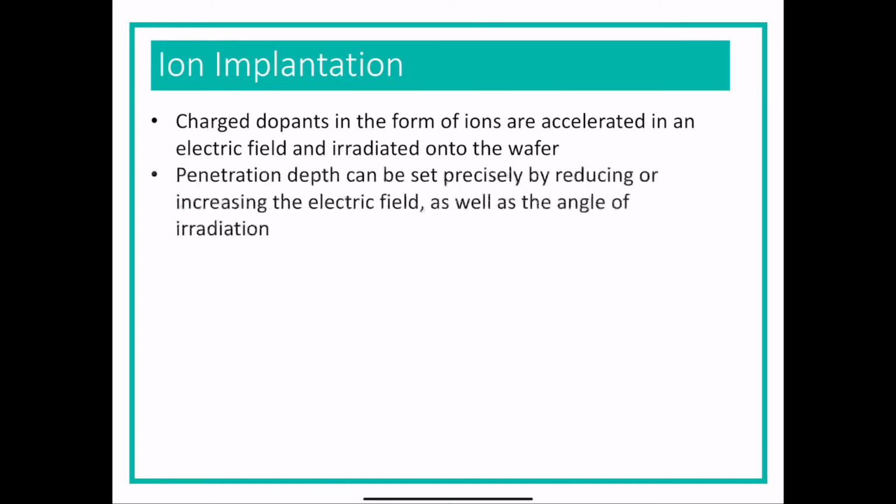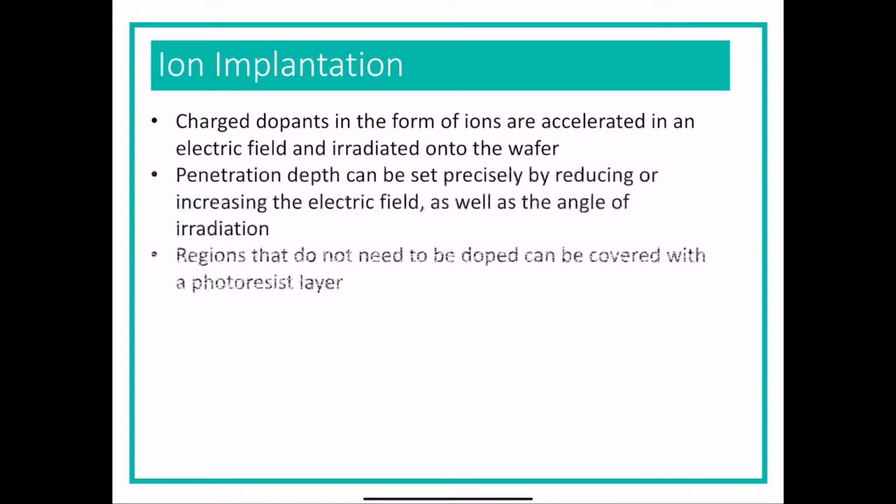It can be very accurate, which is good. If you want regions that are not doped, they don't have to be covered with something major, just a photoresist layer, and that's it. So it's easier in some ways than diffusion processes, which have to be masked a little better.